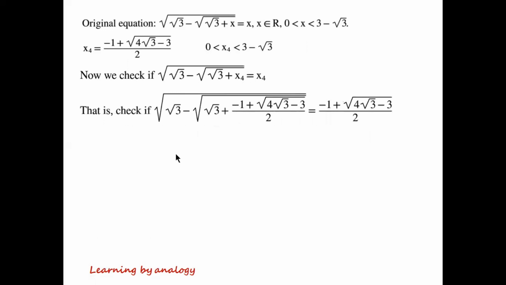That is, check if root of root 3 minus root of root 3 plus minus 1 plus root of 4 root 3 minus 3 over 2 equals minus 1 plus root of 4 root 3 minus 3 over 2. How to check this?